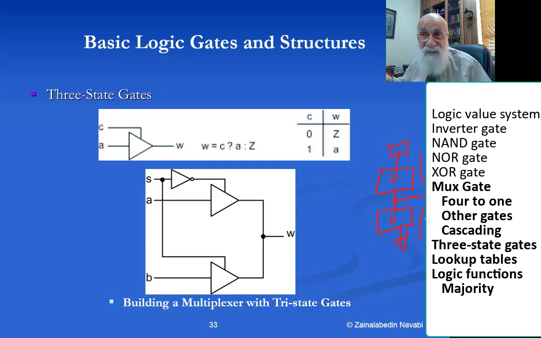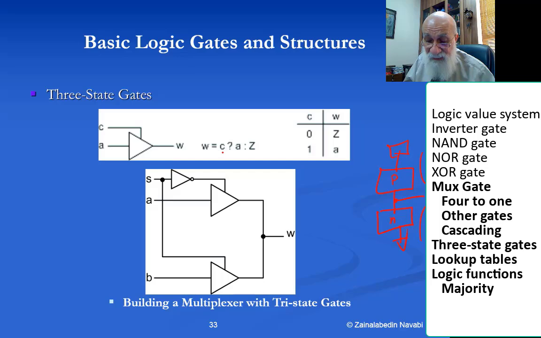There are other gates that do not necessarily drive the output at all times, and that is a tri-state gate. A tri-state gate is like what I'm showing here. It has a control input C, an A input, and a W output. The way it works is the following: if C is 1, then A passes through.